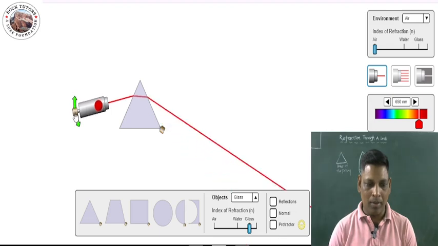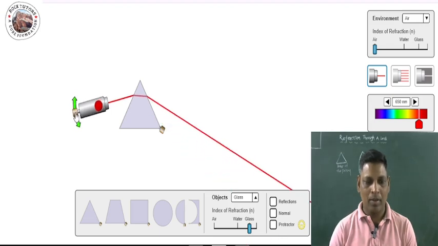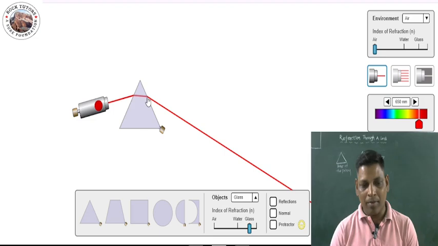If you observe here, this is the incident ray, this is the refracted ray, and this ray is the emergent ray. If you observe in this activity, this emergent ray is bent towards the base. Here is the base. It's bent towards the base.